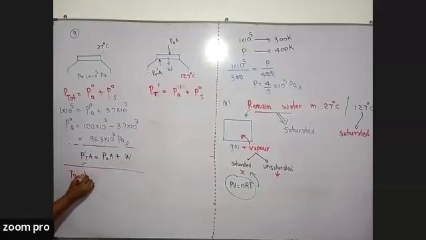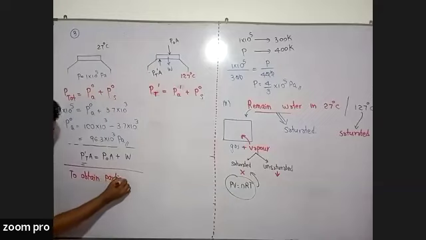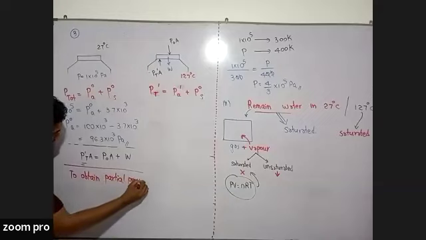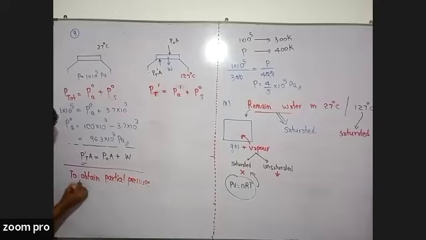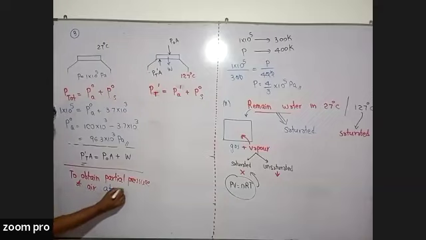To obtain the partial pressure of air at 127 Celsius, we apply this equation for the air: P1 over T1 equals P2 over T2.